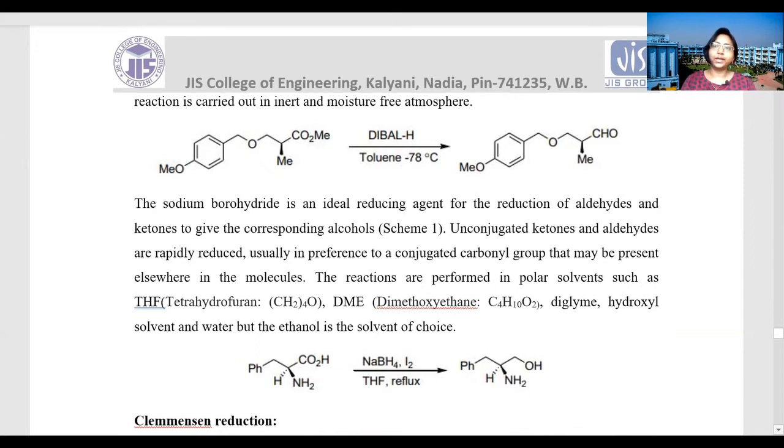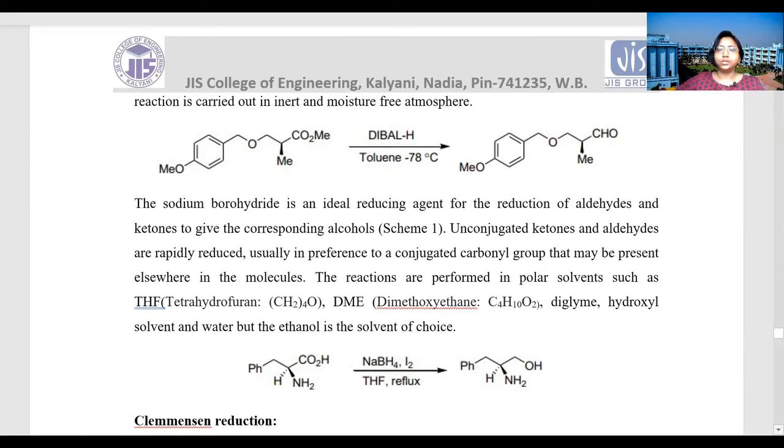If we know the characteristics of all the reducing and oxidizing agents, that is, what their role is, then we can selectively use the reducing agent. Like when we require aldehyde and ketone to give the corresponding alcohol, we use sodium borohydride.